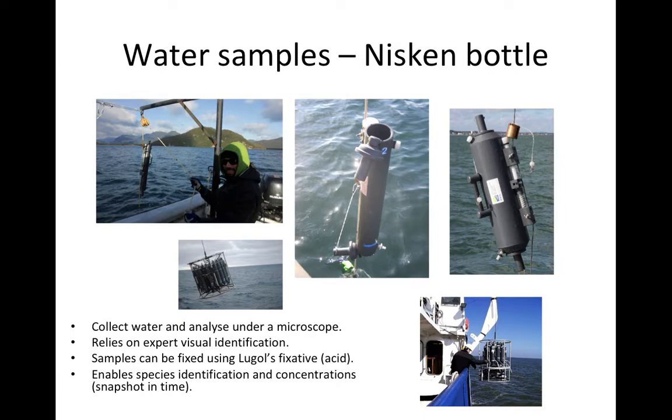You lower it to your depth of interest and then collect a water sample. The advantage with this rosette approach is that you can collect snapshots at lots of different depths. With a rosette, they would trigger each of the bottles at different depths and therefore collect samples all the way down through the water column.